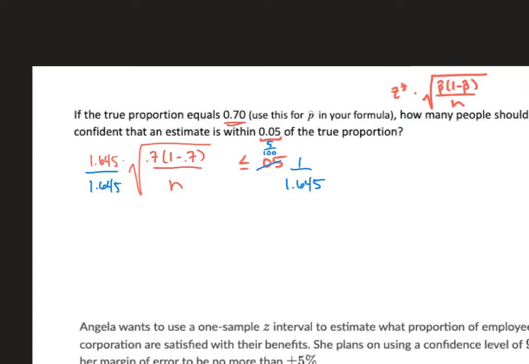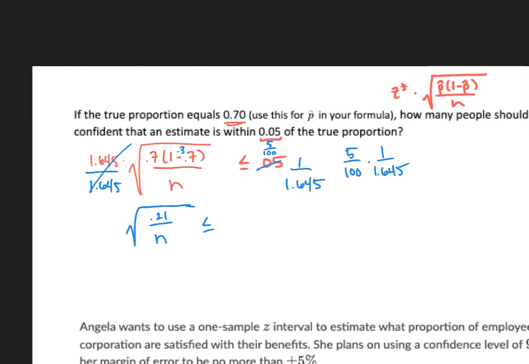Then these cancel out, so we're left with 0.7 times 1 minus 0.7, which is 0.3. That's 0.21 over n. And then we're going to multiply 5 over 100 times 1 over 1.645.